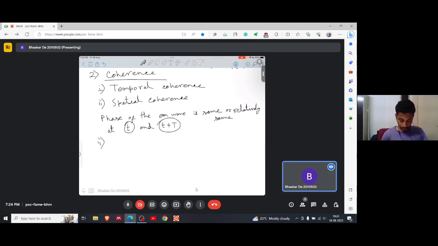And in the second, spatial coherence, the phase difference at 2 points of the EM wave is constant with time.